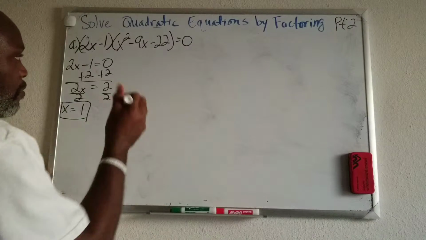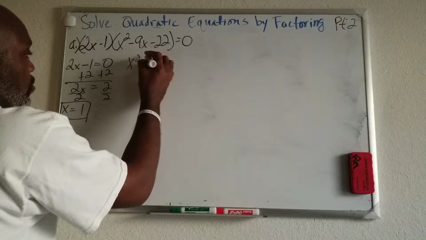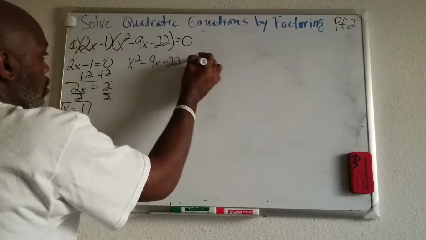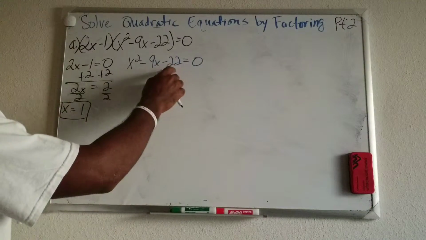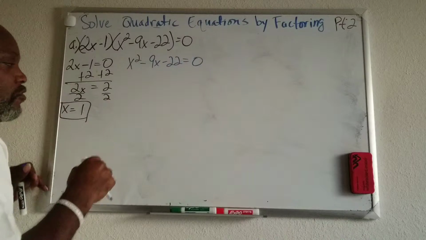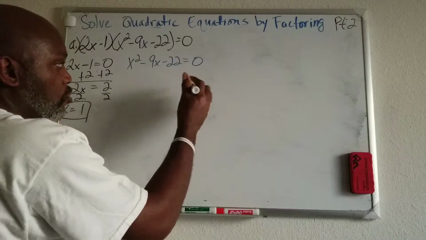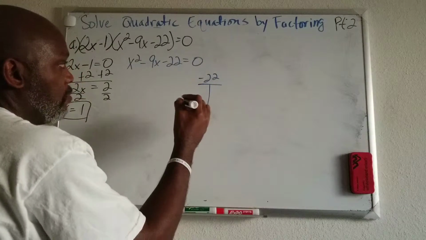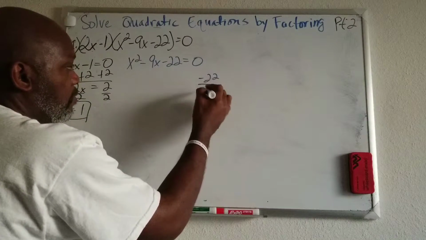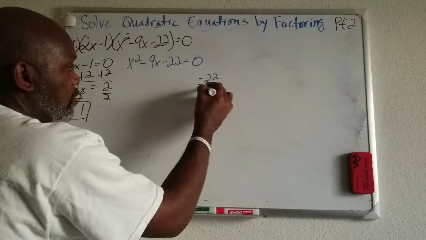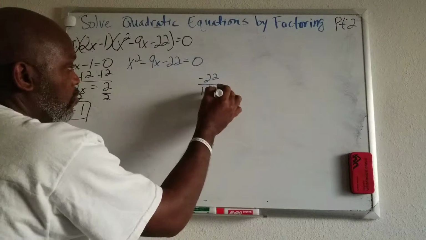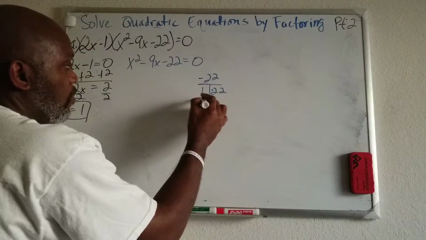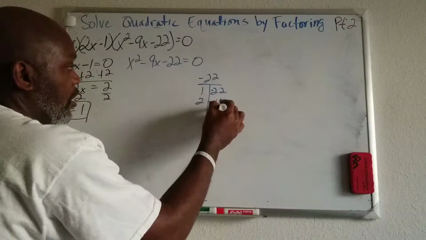Now this particular part, what we should write is x squared minus 9x minus 22 equals 0. But we would have to break this down, right? So negative 22, the factors of negative 22, we have negative 1 and positive 22, and then we have 2 and negative 11, right?